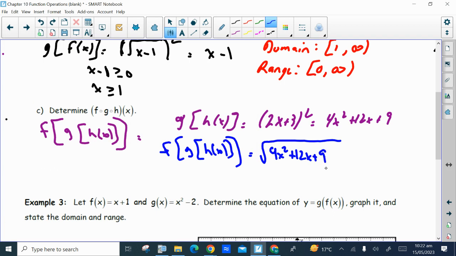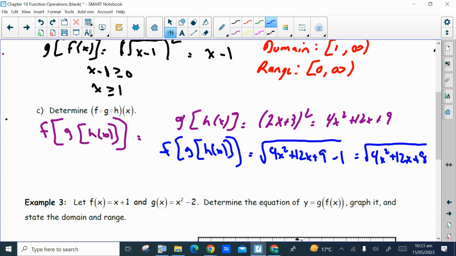That is replacing the x with our expression from before. But we can't forget that f at x is the root of x minus 1, so we have to have a minus 1 on the end there. So when we simplify this, it'll be 4x squared plus 12x plus 8. There's our final expression.